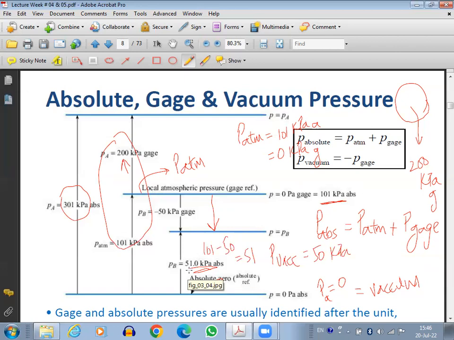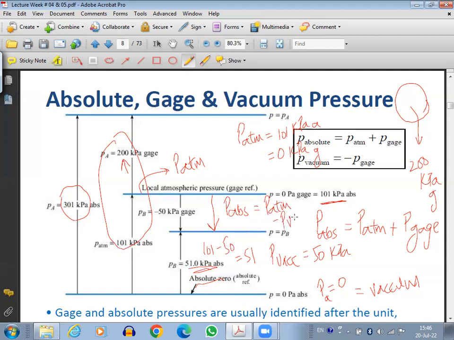So the point here is that you need to understand the differences between absolute, gauge and vacuum pressures. Based on this, what would the equation be for the case of vacuum pressure? P absolute equals P atmosphere minus P vacuum.